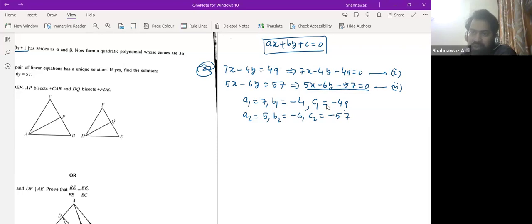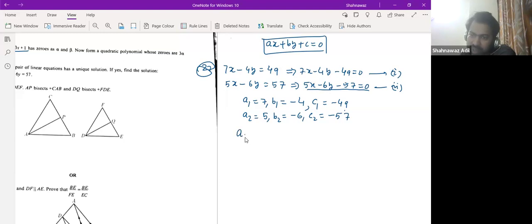Now you have to find out whether this is unique or not. How do you prove that the pair of linear equations has a unique solution? They are unique if A1 by A2 is not equal to B1 by B2. Absolutely correct.